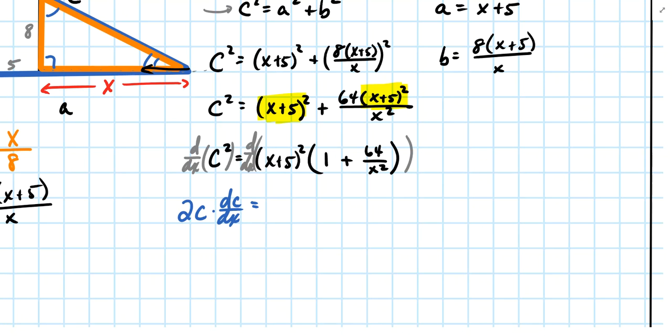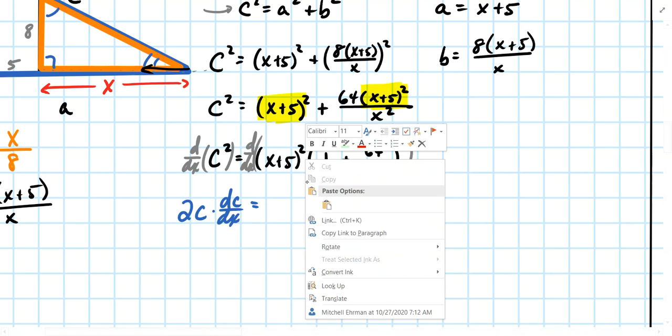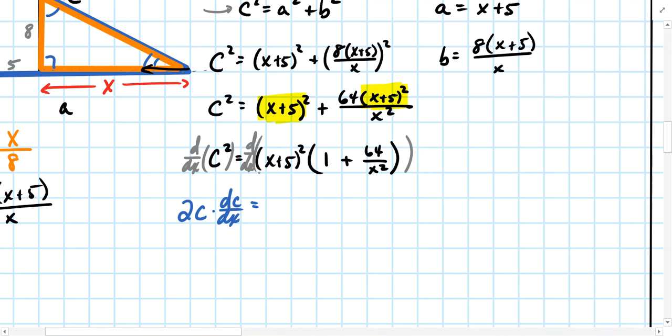The derivative of a product of functions is the derivative of the first function, which is going to be 2 times x plus 5 to the first power times 1. That's because it's the derivative of the outside function, keeping the inside function as it is, and then taking the derivative of the inside function and multiplying it. We don't really need this multiplication of 1 or the exponent of 1, so I'm going to erase those.